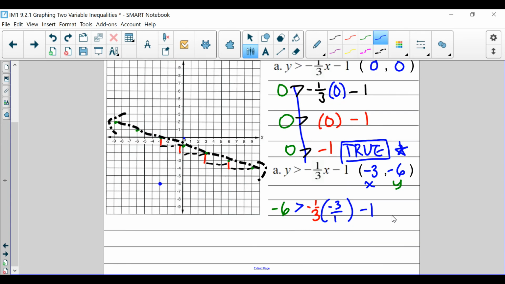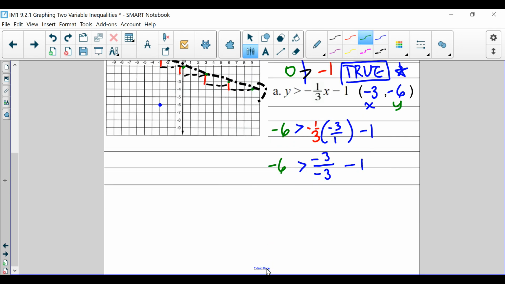So we're going to notice -1/3 of -3 is -3 over -3 minus 1. Then we go test -6. Is that greater than, well, -3 over -3 is 1. 1 minus 1 is 0. Is -6 greater than 0? We'd say no. This is not true.